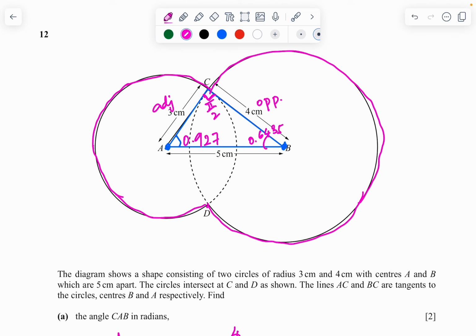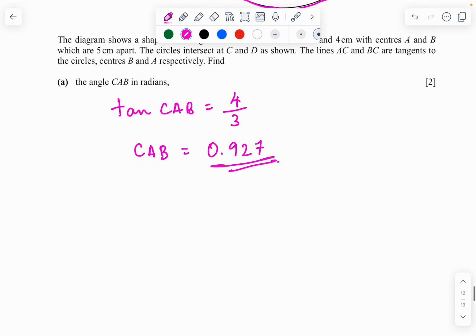Even this 0.927, I will write it as 4 or 5 significant figures. So always remember, when we are writing the final answer as 3 significant figures, but when we are using this answer for the next step, it's always better to use more than 3 significant figures.